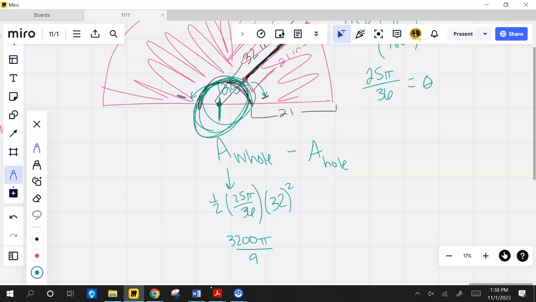I did everything together, except I left the pi off, but multiplied everything together. I did 1/2 times 25 over 36 times 32 squared. Then math, enter.